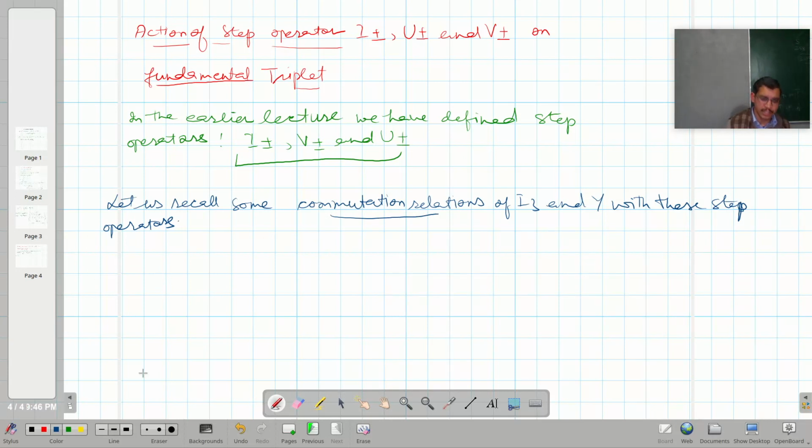So first is I3 comma U plus minus. Its commutator relation is basically minus plus 1 by 2 U plus minus. This is one commutation relation. And similarly, the commutation relation of hypercharge with U plus minus can be written as plus minus U plus minus.